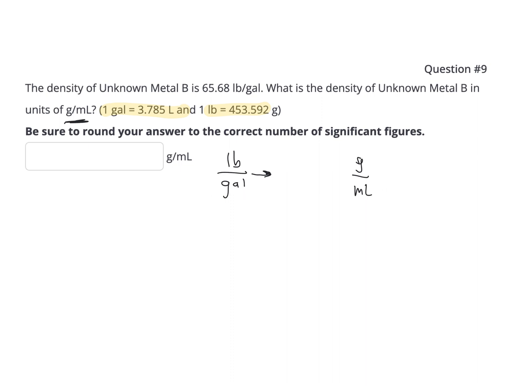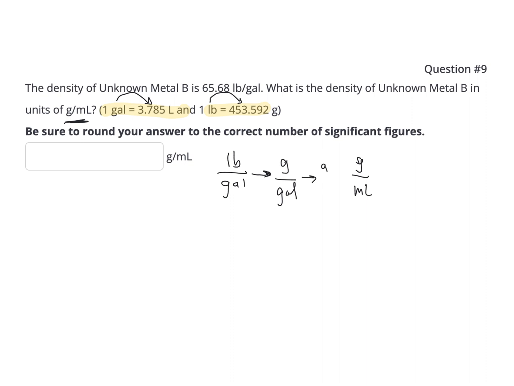And if we take a look at it, we can use those as conversion factors to basically say, well, I can use this ratio between pounds and grams, right, to convert pounds per gallon into grams per gallon. And then I can use the following ratio between gallons and liters, and then eventually liters to milliliters to get to my final answer.